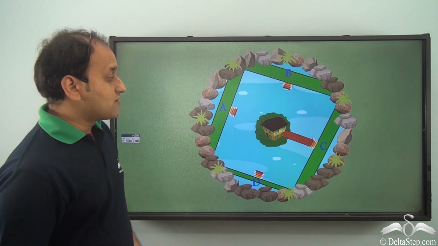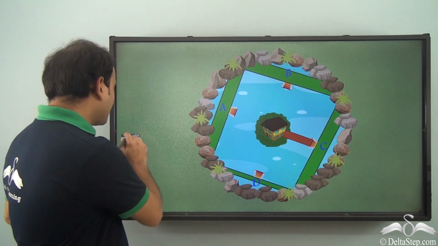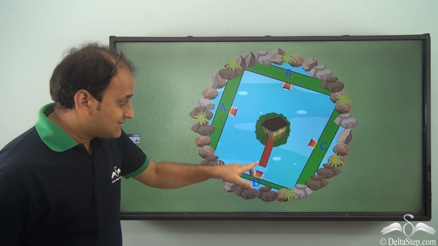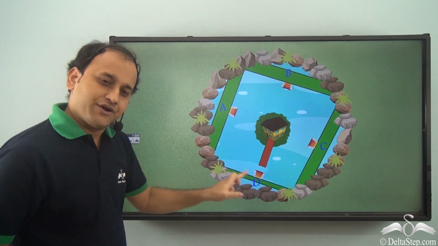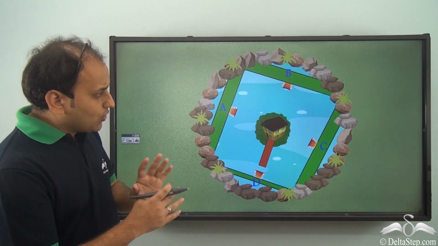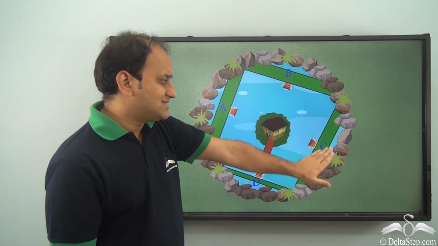So, he was very confident that he'll be able to reach garden D too. But he saw that the plank was not enough to reach garden D. So, what is common about garden A, garden B, and garden C?